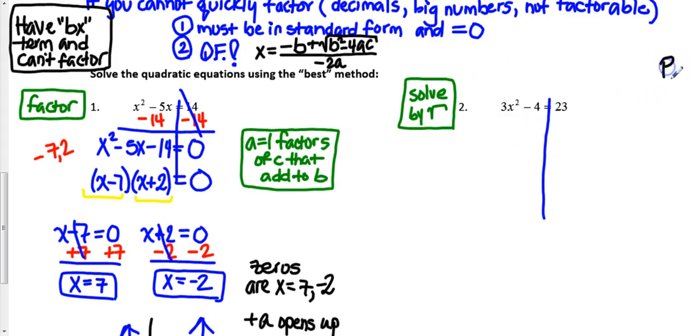So if I were to write PEMDAS, to solve, we work PEMDAS, that's a horrible arrow, backwards. So if there's something I can add or subtract, I'm going to take care of that first. Do you see something on this left side that I could add or subtract first? I see that -4. I'm going to choose to add this to both sides.